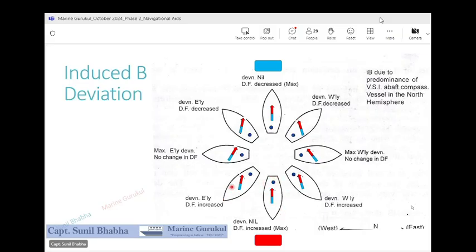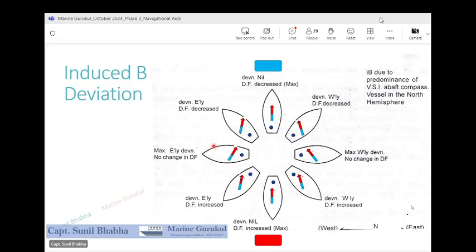When the ship heads southwest, the blue pole is to the northeast of the compass, and this blue attracts the red pole of our compass magnet, the compass needle, and it generates an easterly deviation now. So easterly deviation is generated.